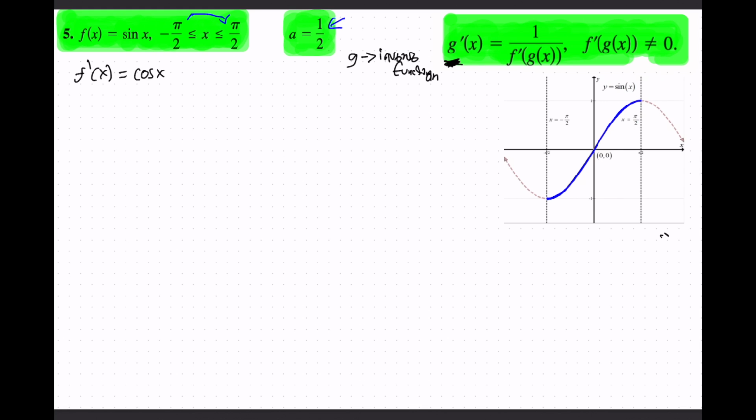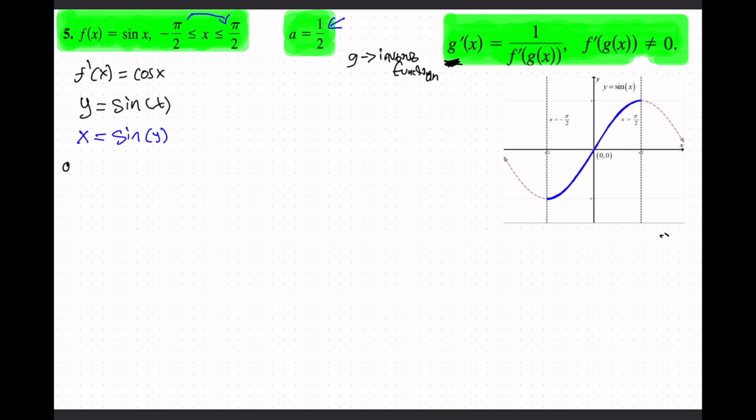So in a typical algebraic way of formulating that, we can say y equals sine x. This is our original problem. Now to find the inverse, we simply swap the variables. We have x and y, so x equals sine y. And now let's try to solve for y.